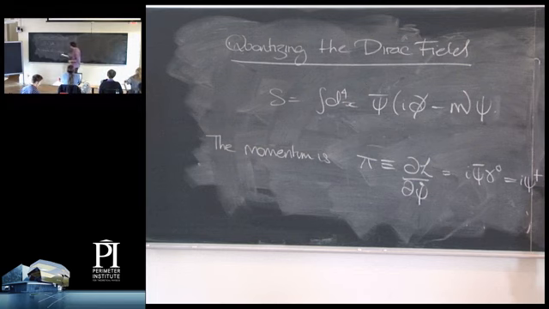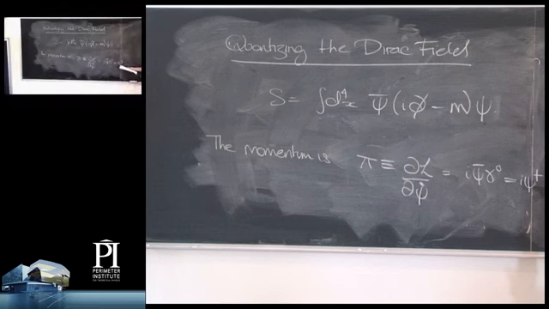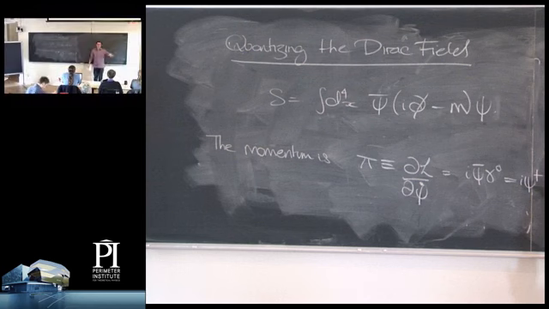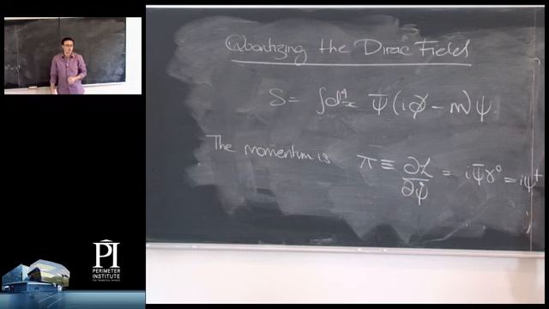Here that's not true. The correct statement is that you need to specify the field and its momentum, but we see now that the momentum is just the conjugate of the field. So the initial data you need to specify is psi as a complex field on an initial slice, and then this first order equation takes you on from there.